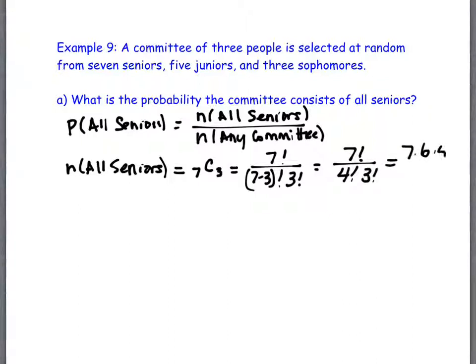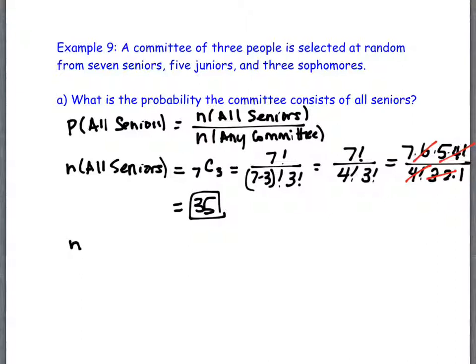So 7, 6, 5, and 4 factorial over the 4 factorial, and then 3, 2, and 1. So the 4 factorials cancel. What happens with the 3 and the 2? Yeah, they cancel with that 6. So how many different ways are there of getting all seniors? 35. And I'm going to need that in a minute, so I'm going to box that in to remind myself.